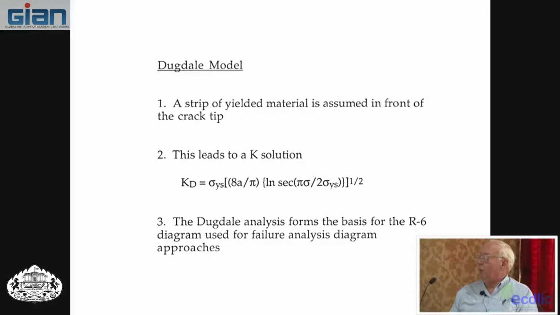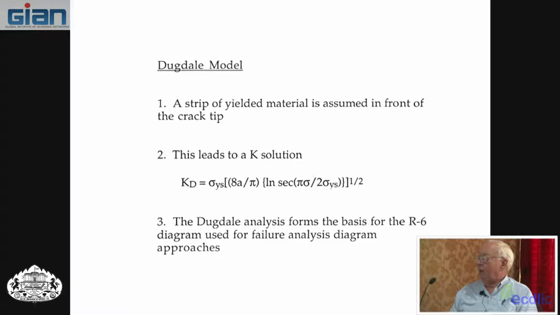So when the stress gets to the yield strength, you have the secant of pi over 2, which is 0. Secant of 0 is infinite. It blows up because cosine goes to 0 there. So 1 over cosine blows up, and then the log has what we call a singularity, goes to infinity. But below that, you get a modified K, which is a little bit higher than K elastic.